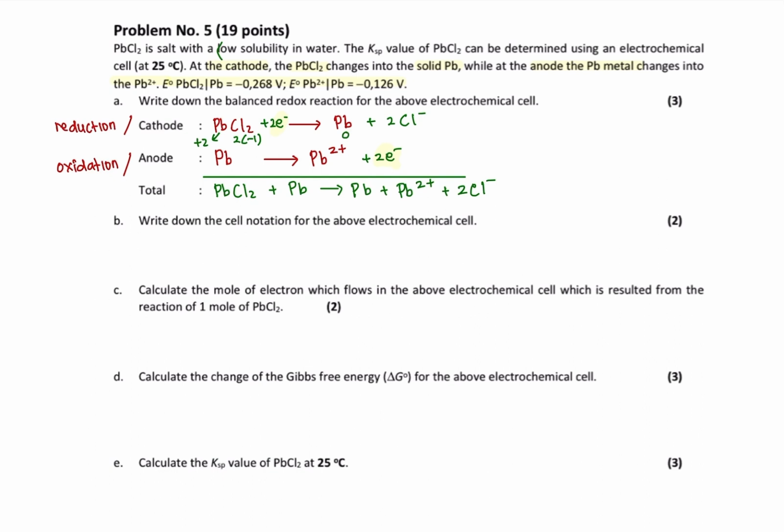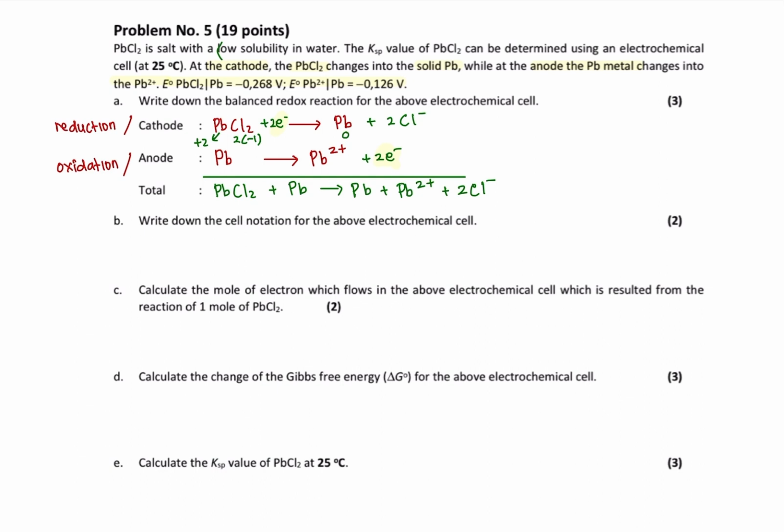Now, the question B is asking you to write the cell notation for the above electrochemical cell. Okay, so for the question B, we are going to write down the cell notation. So we have to write down the oxidation first, and then the salt bridge, and then the reduction process.